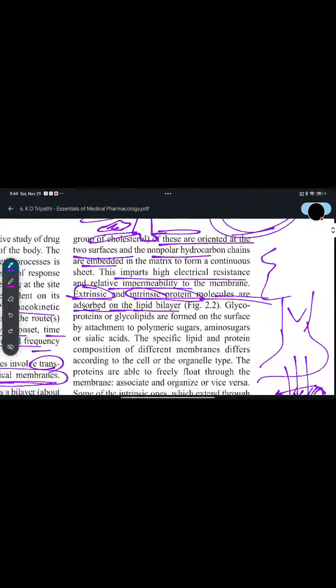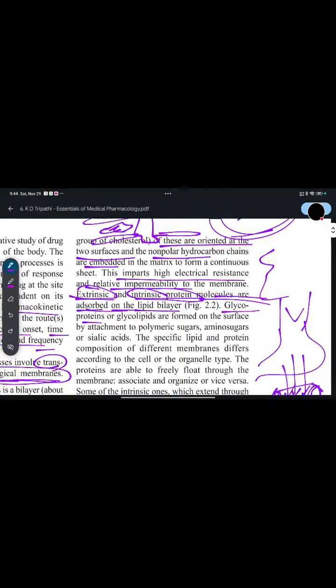Next, glycoproteins. That means some proteins have sugar bound to them, and they are called glycoproteins. Glyco means sugar. So glycoproteins or glycolipids are formed on the surface by attachment to polymeric sugars, and these are very important, along with amino sugar or sialic acid.